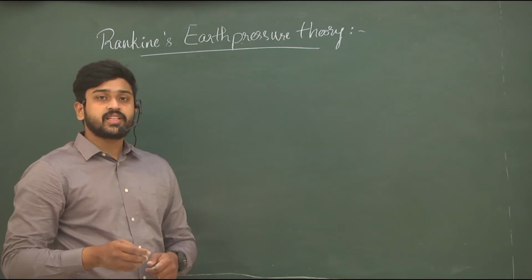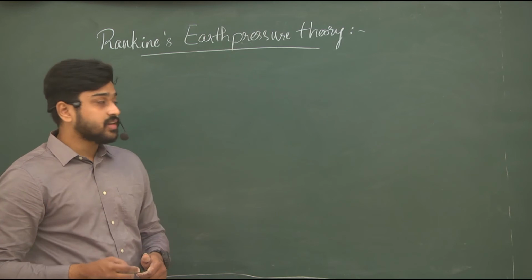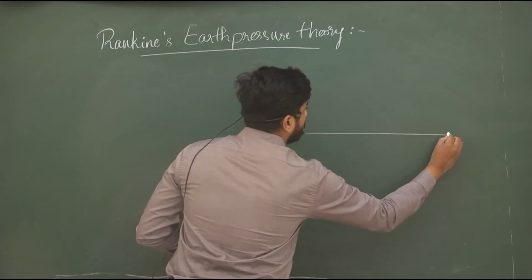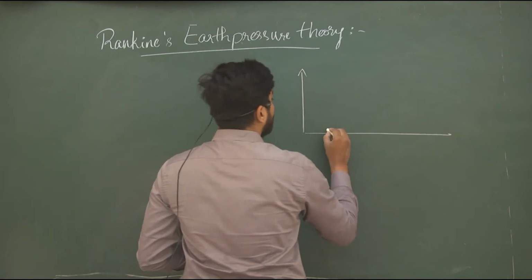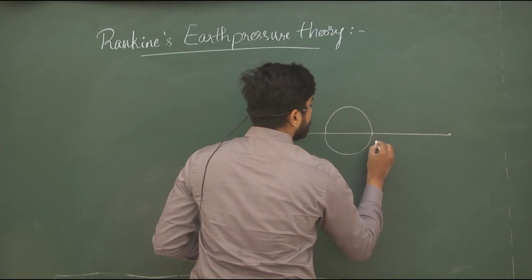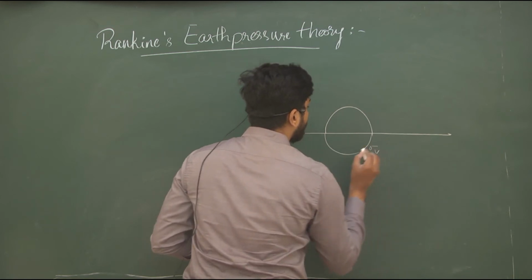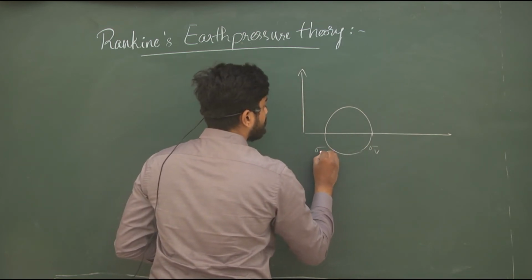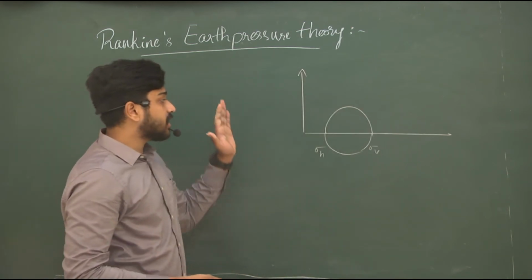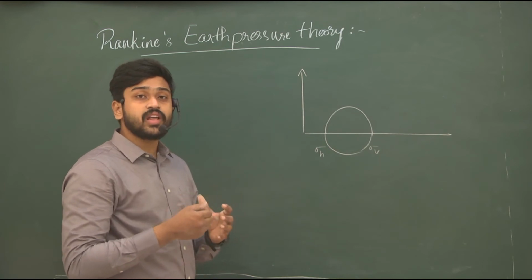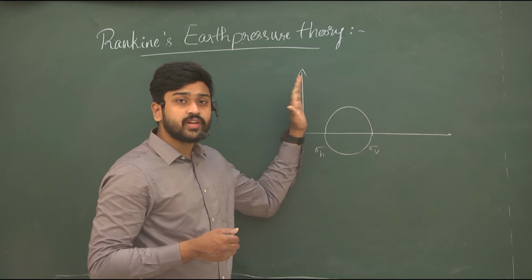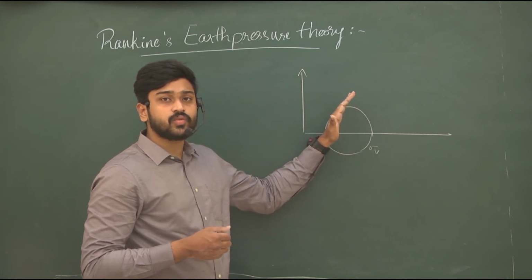Just like the previous case, let us consider the Mohr circle in this particular manner. Let us say this is sigma v and this is sigma h initially for the same diagram. Now if you consider the soil element, and the retaining wall is moving towards the soil, what will happen?